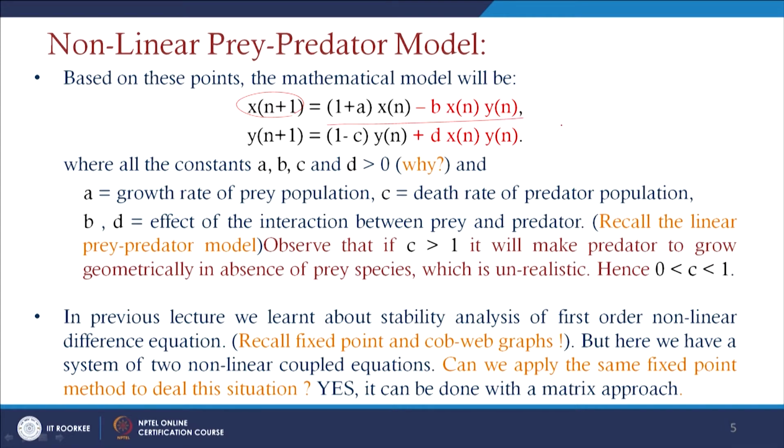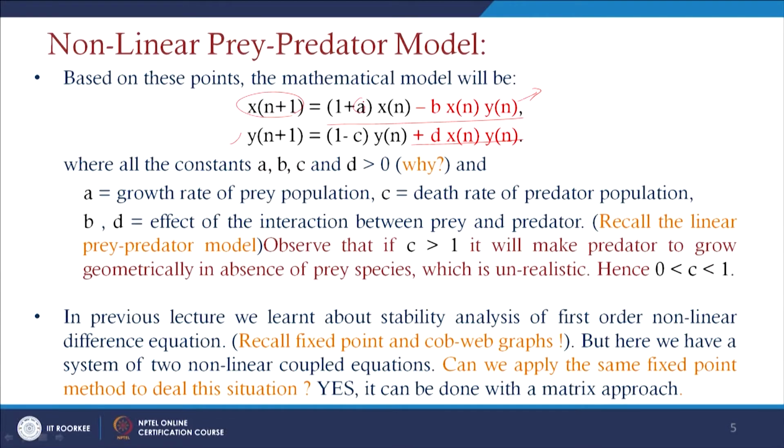Due to the presence of a predator, the prey population declines, and due to the presence of prey, the predator population grows with respect to the product of these two population levels. The constants involved are a, c, b and d, and we consider that all the constants a, b, c and d should be greater than 0.